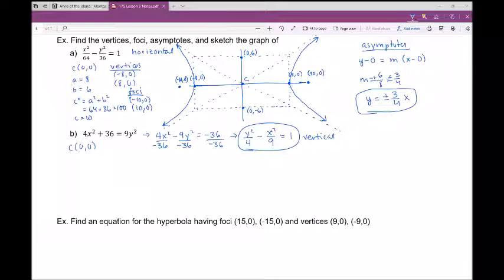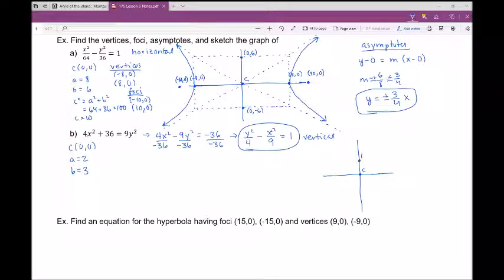Okay, so let's go ahead and put down some coordinate axes, because we'll go ahead and draw this as we're analyzing it. Okay, so a is going to be 2 because it's under y squared, which is the positive variable. b is going to be 3 because it's the other letter. So we'll start with our center at 0, 0, and we'll go 2 units in each vertical direction.